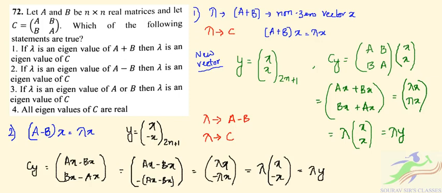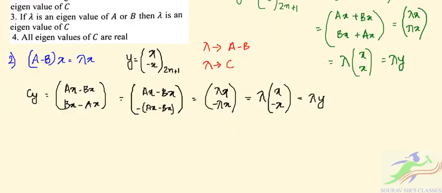Option 3 says if lambda is an eigenvalue of A or B, then lambda is also an eigenvalue of C, right? So let us take a matrix, suppose A is 1 and B is 0. Then C will be the 2 by 2 matrix 1 0 0 1.